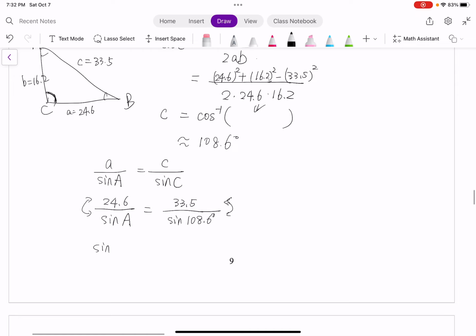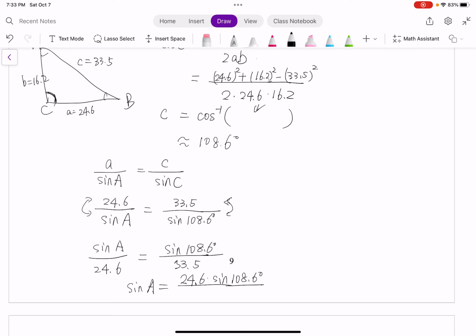I'm having sine A over 24.6 equals sine 108.6 degrees, all divided by 33.5. Then I multiply by 24.6 on both sides. Sine A equals 24.6 multiplied by sine 108.6, all divided by 33.5. Oh sorry, no degrees, that's the length.